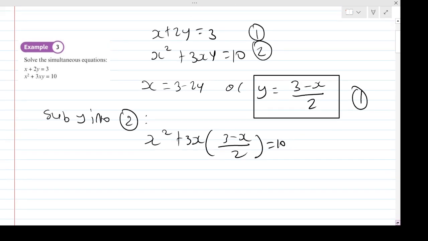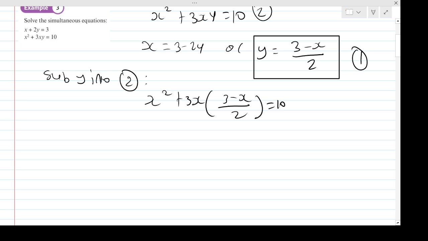Cool. And then we just expand this bracket, right? So we're going to get x squared plus... Actually, I'll tell you what the better thing we can do first is to get rid of the fraction. We could just multiply the whole equation by 2, because then if we times everything by 2, you get rid of this fraction, you get rid of the 2 at the end there.